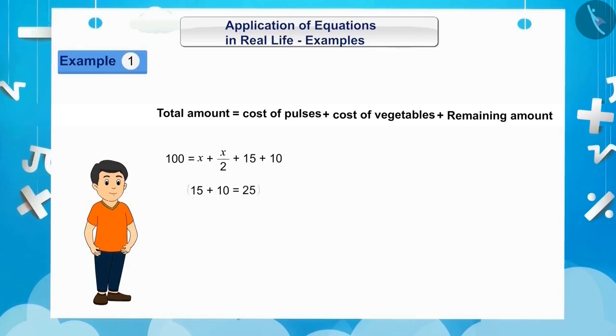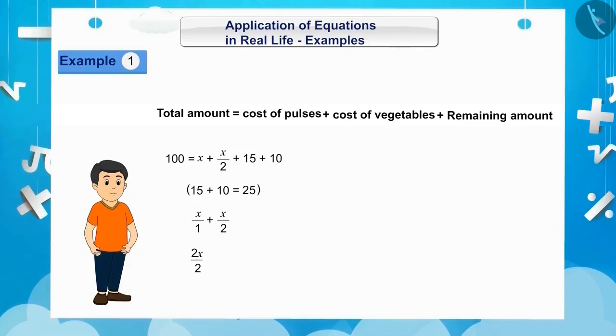15 plus 10 is equal to 25. Now how do we add x and x by 2? We can show it like this. Take the LCM of 1 and 2 to get 2. Dividing and multiplying x by 1 by 2, we will get 2x by 2.